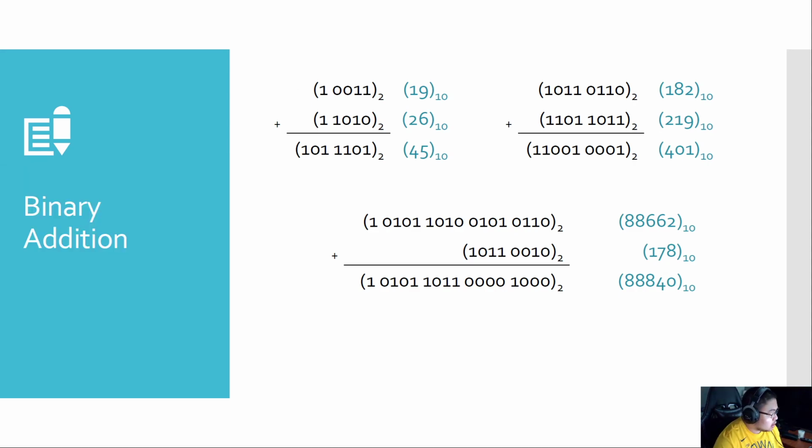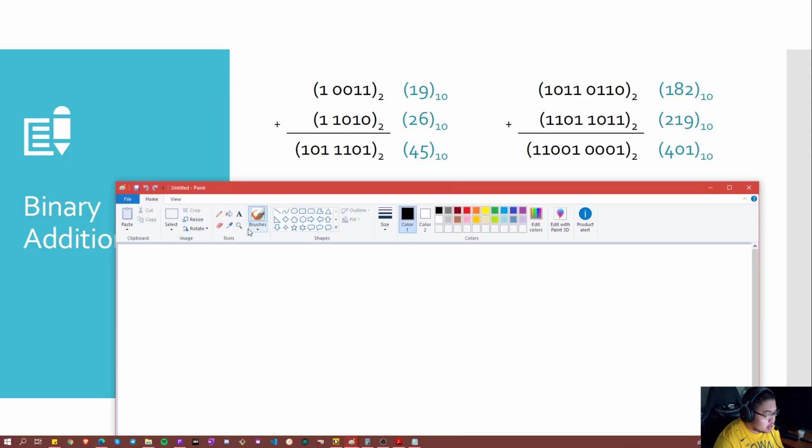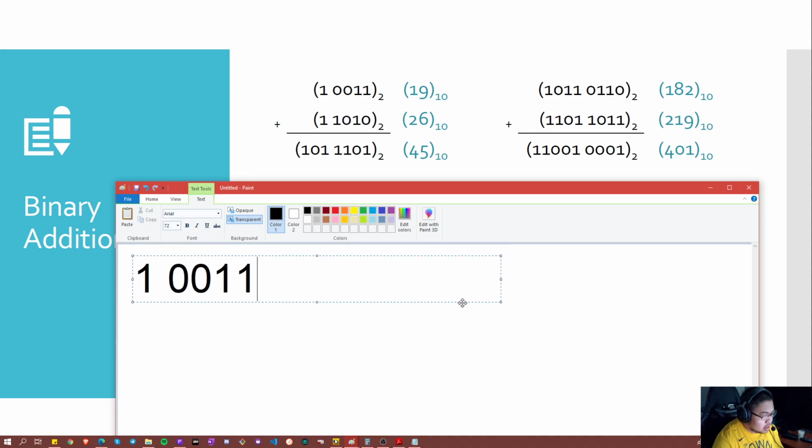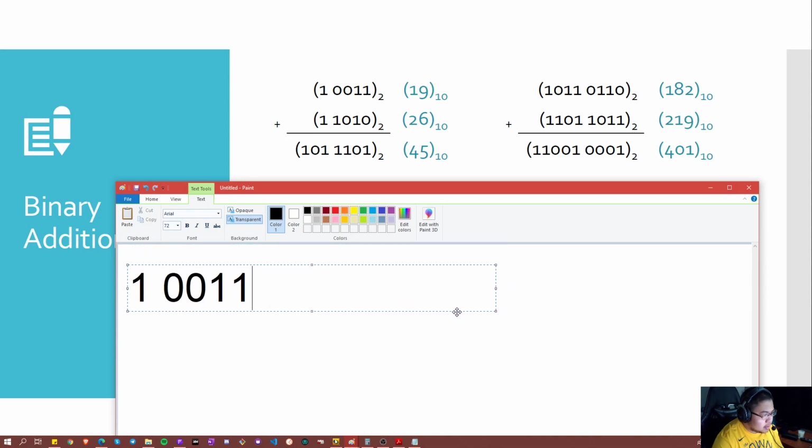Let's type it: 1 0 0 1 1. Let's put a space on top, and at the bottom, let's add it to 1 1 0 1 0.